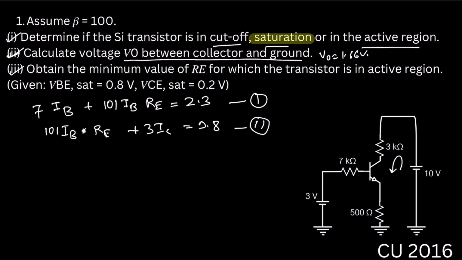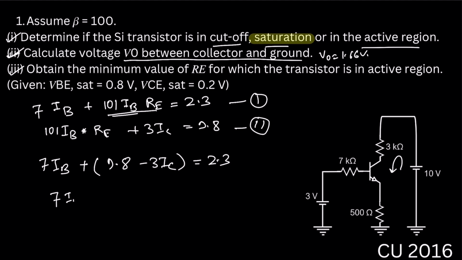So just replace this value. Okay, so you can write down 7 IB plus 9.8 minus 3 IC equal to 2.3. Okay, 7 IB plus 9.8 minus 3 into beta into IB equal to 2.3.